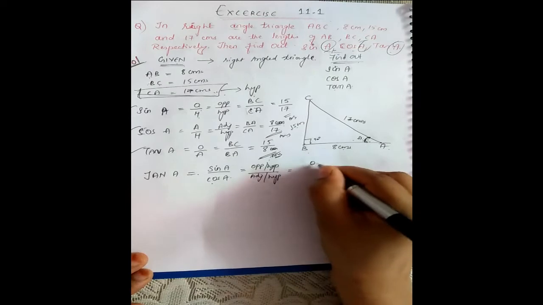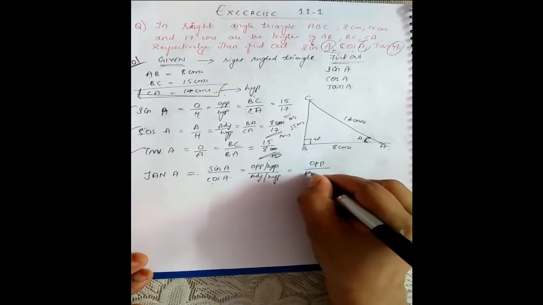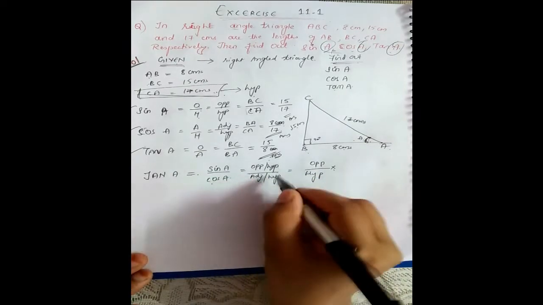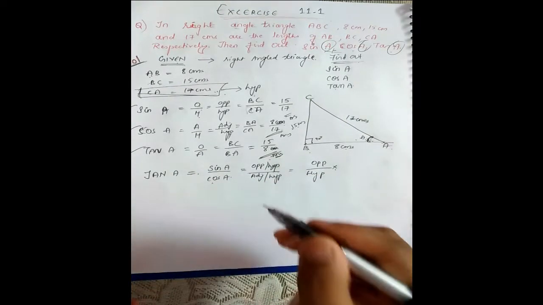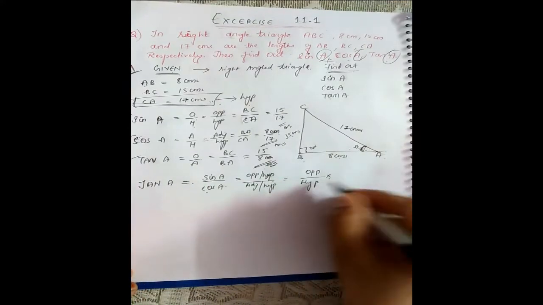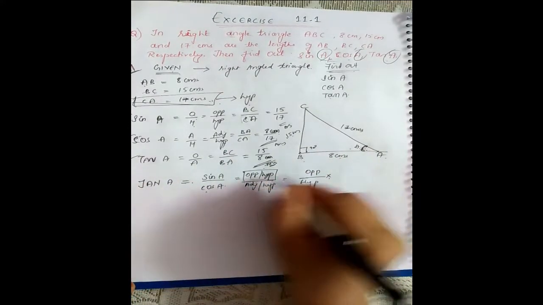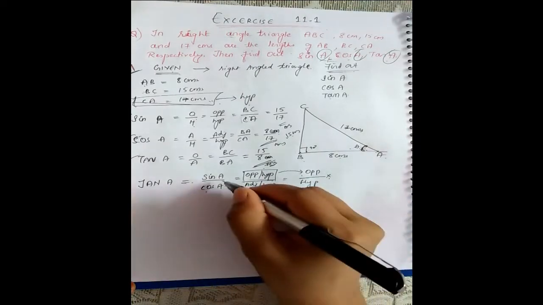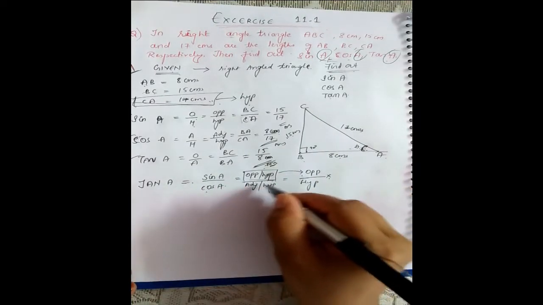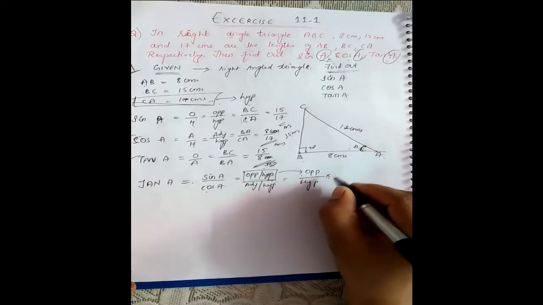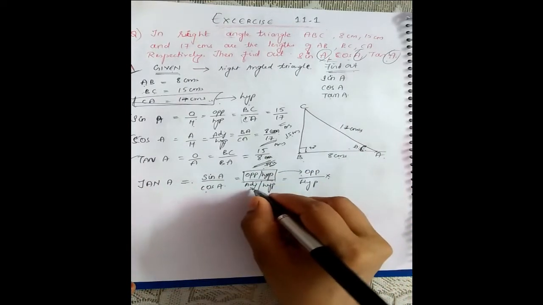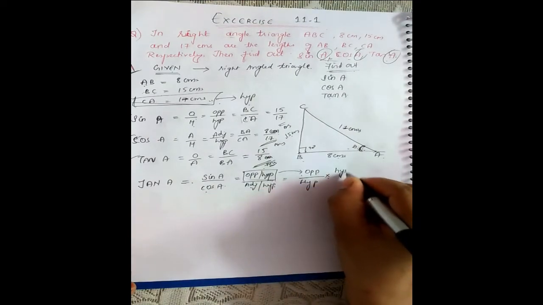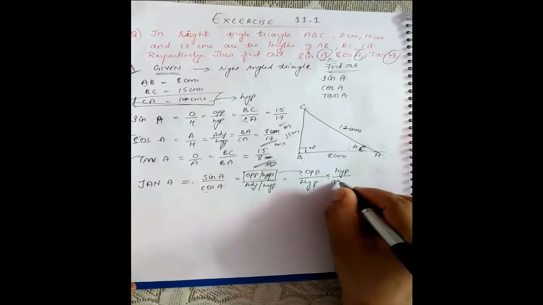Now, opposite by hypotenuse. Whenever there is something in division, it's basic math that we have been doing since we were small: when we take it to the multiplication position, the division turns over. It's adjacent by hypotenuse, so now it will be hypotenuse by adjacent.